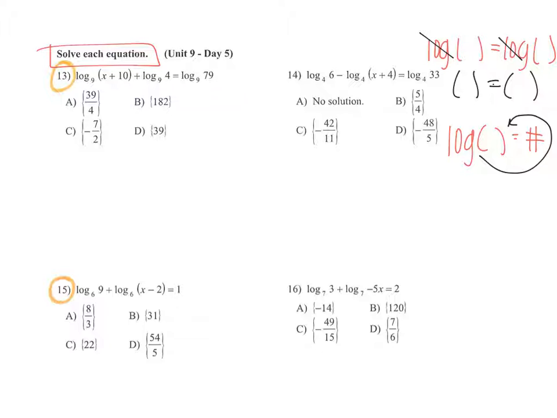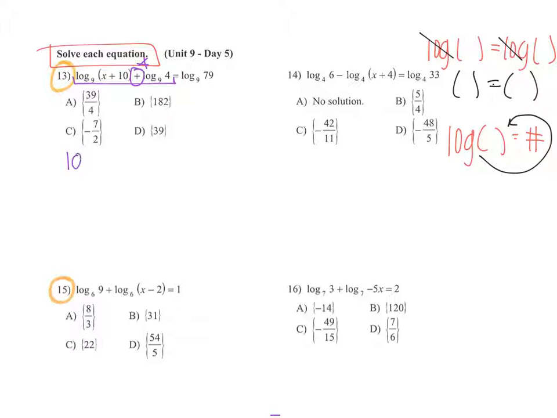But before you can cancel or loop, you have to condense the one side. So we have log base 9 of x plus 10, plus, big plus, log base 9 of 4. The plus, remember, addition changes to multiplication.